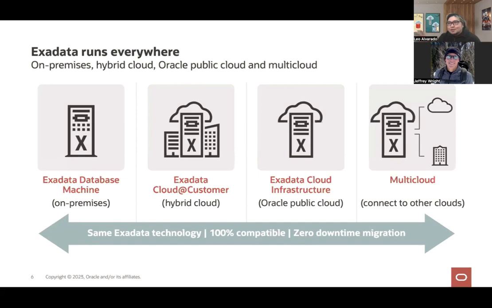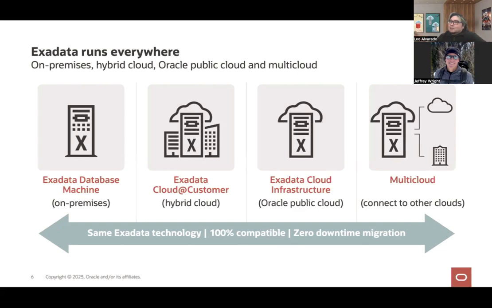Or you can run it in a cloud where Oracle manages the infrastructure and you have the automation to simplify your management tasks, and you can leverage a pay-per-use subscription model that can help dramatically reduce your cost. Oracle offers Exadata in the public cloud with Exadata Cloud Infrastructure and with Exadata Cloud at Customer, so you can benefit from the same cloud deployment but keep your data inside your own data center.